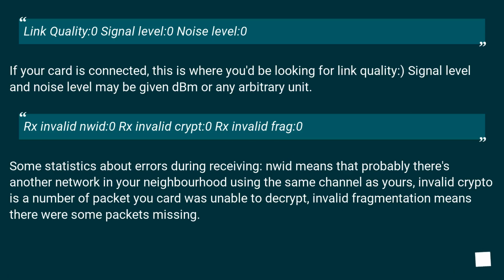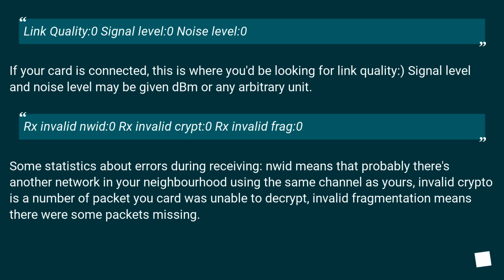Link Quality: 0, Signal level: 0, Noise level: 0. If your card is connected, this is where you'd be looking for link quality. Signal level and noise level may be given in dBm or any arbitrary unit. Rx invalid nwid: 0, Rx invalid crypt: 0, Rx invalid frag: 0. Some statistics about errors during receiving: nwid means that probably there's another network in your neighborhood using the same channel as yours.